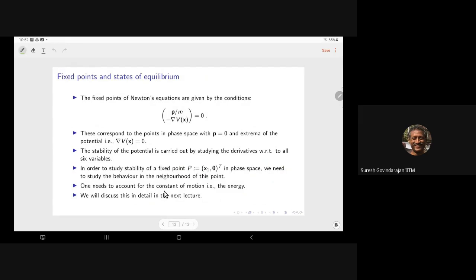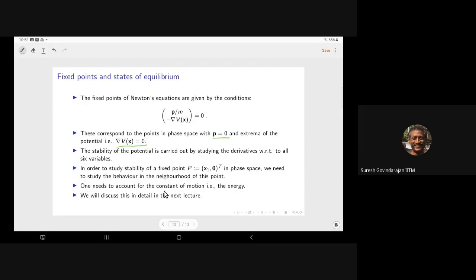So what are the solutions? These correspond to the points in phase space with p equal to 0 and extrema of the potential. Is this clear? Any questions?